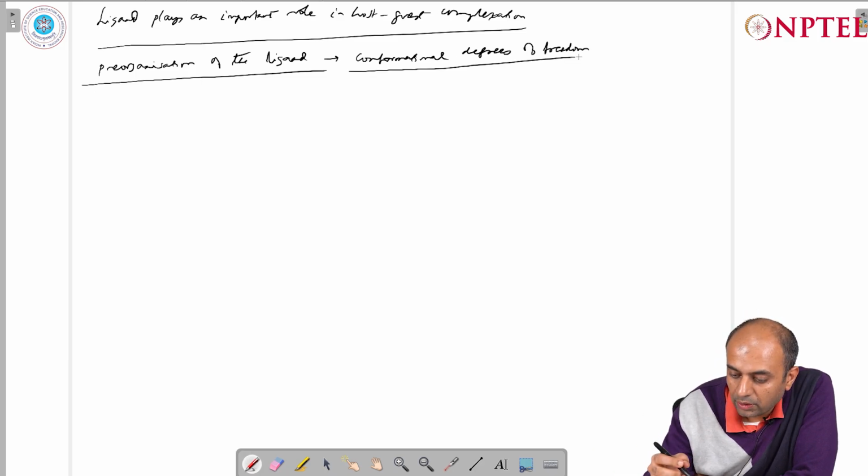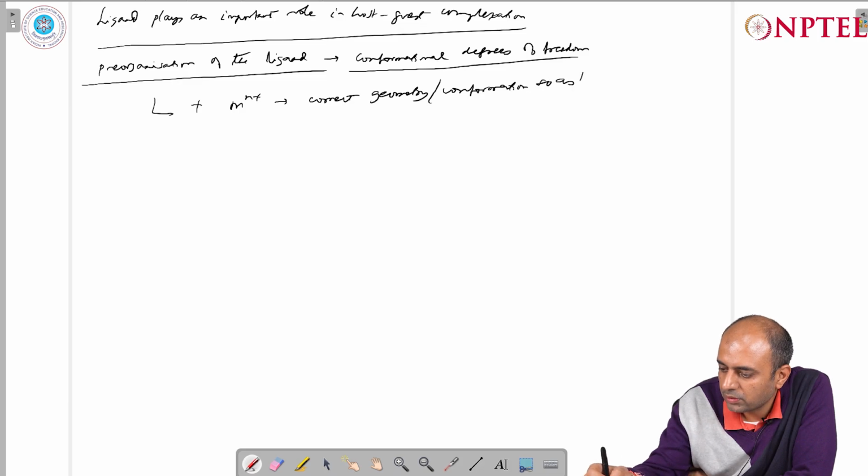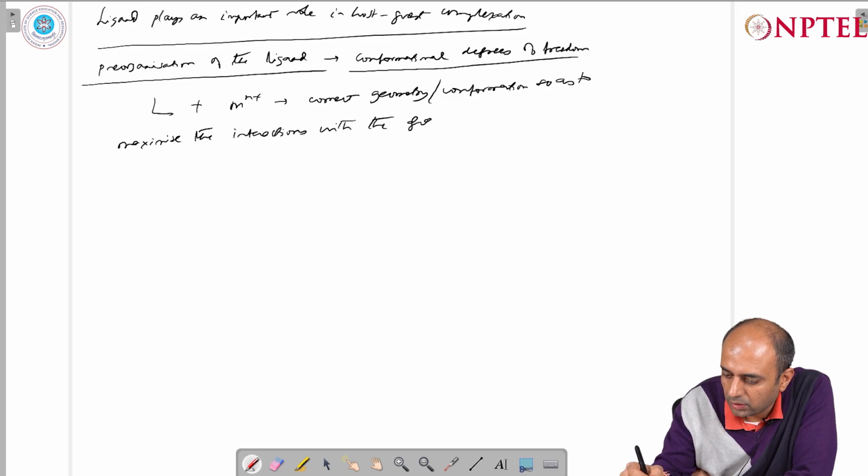And if a given ligand L has to bind to a guest molecule, then it must have the correct geometry or conformation so as to maximize the interactions with the guest atom or molecule.